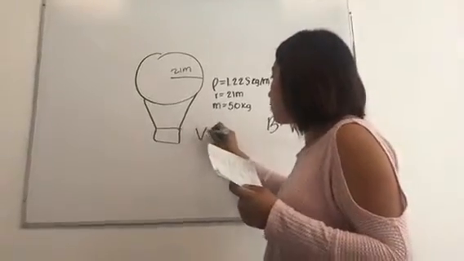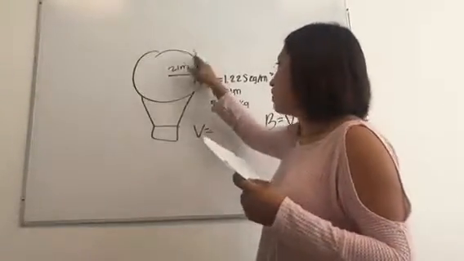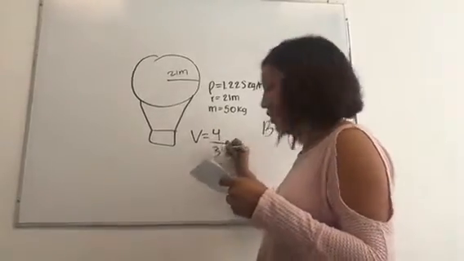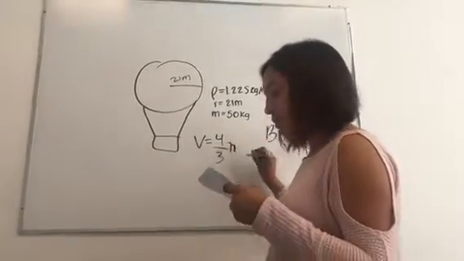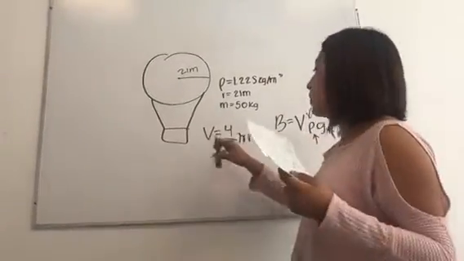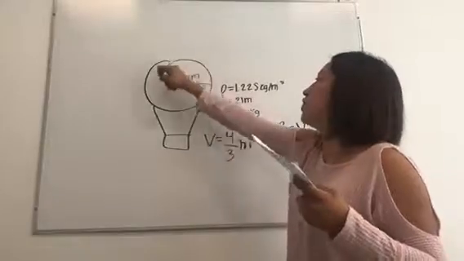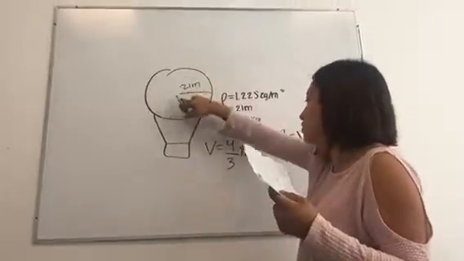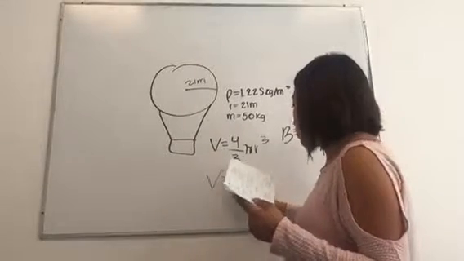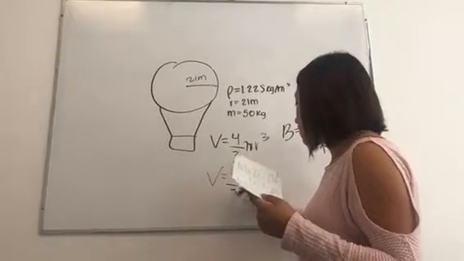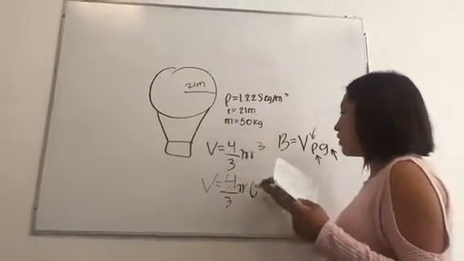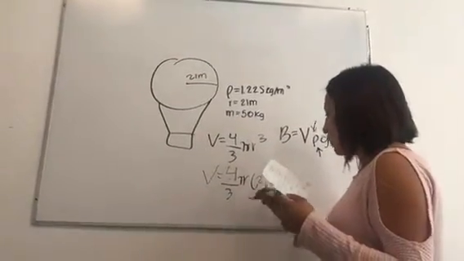The formula to calculate the volume of a sphere is 4/3 times pi times radius cubed. It's going to give you the volume of the spherical part. So volume is equal to 4/3 times pi times radius, which is 21, cubed.